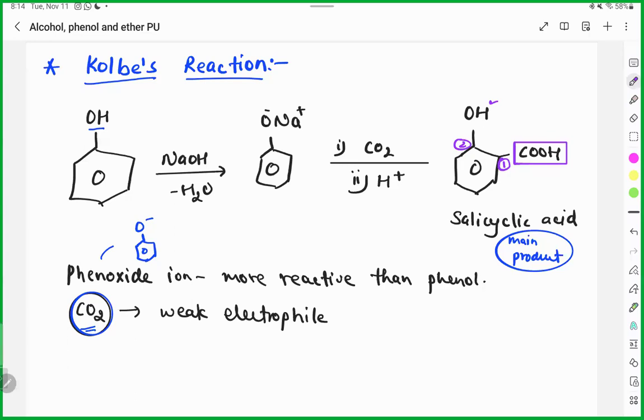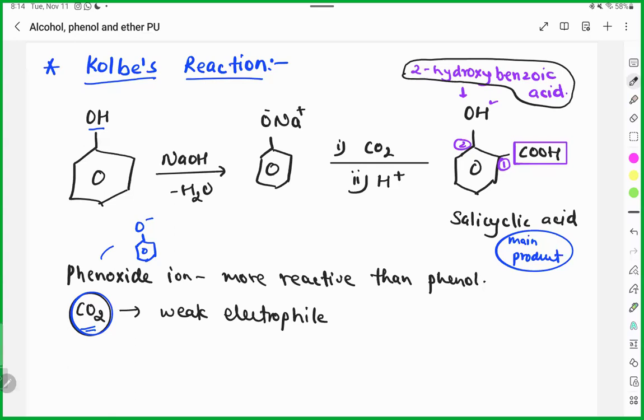That's why it will be 2-hydroxy benzoic acid. Is benzoic acid an IUPAC name or a common name? Both. Salicylic acid is the common name. I'm asking about benzoic acid, not 2-hydroxy benzoic acid. Benzoic acid is both IUPAC as well as the common name.